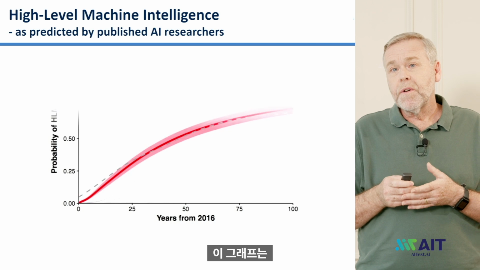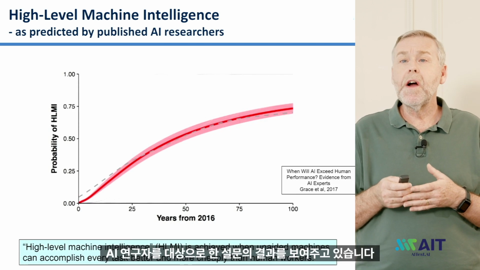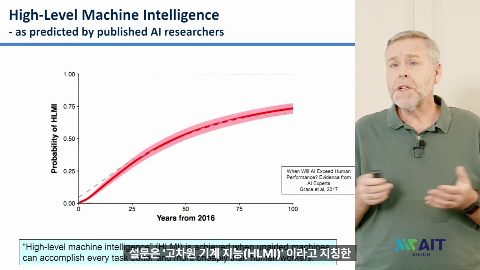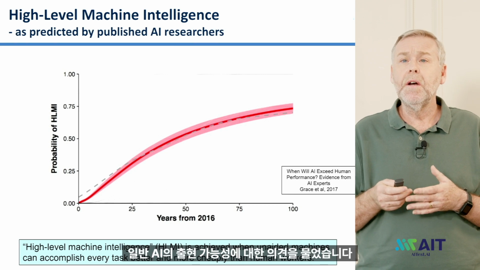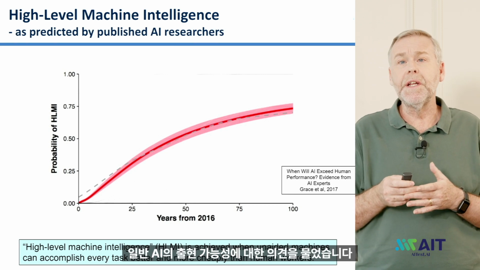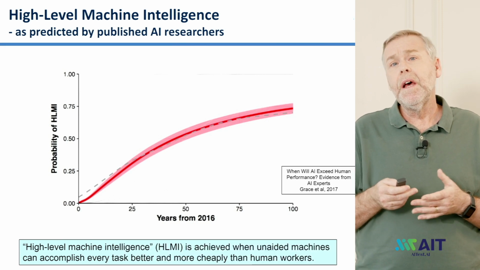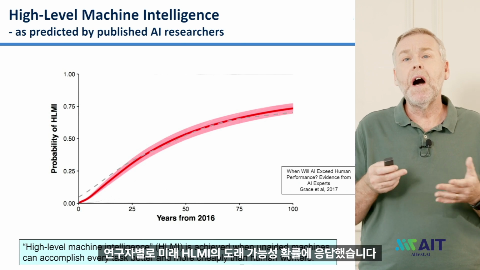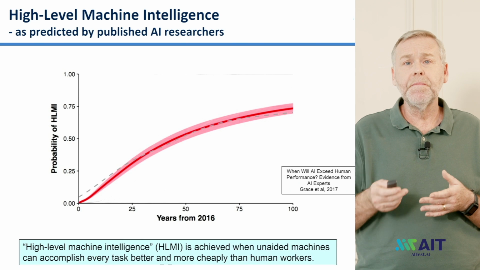On this graph are the results of a survey of AI researchers at one of the main AI conferences in 2016. They were asked about their views on the likelihood of general AI occurring, which they called high-level machine intelligence, or HLMI. Each individual respondent estimated the probability of high-level machine intelligence arriving in future years.